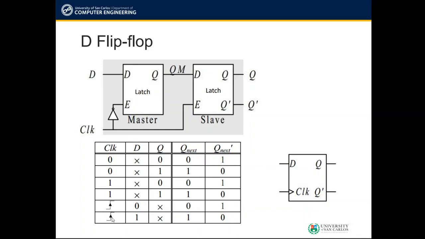If the clock is a rising edge, and in this case it is a rising edge because of the arrow, later on the datasheet will also refer you to a falling edge. In this image on the right side, this is a rising edge. The difference between rising and falling edge is that it has a bubble here.